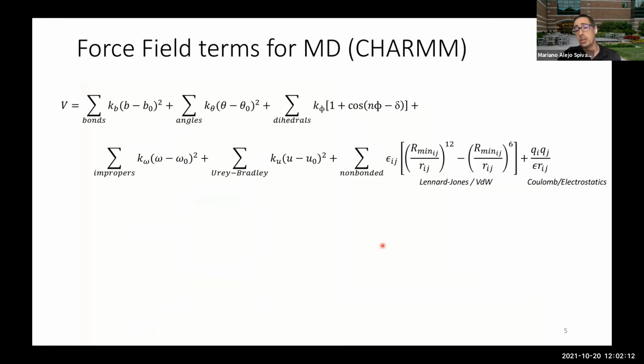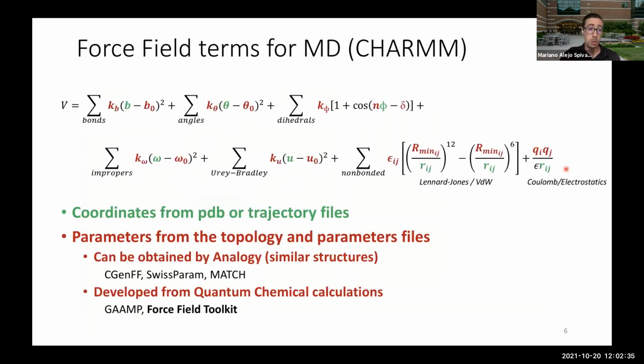So let's go back to the force field terms in CHARMM, which is analogous to other force fields. The potential energy that you compute is a sum of different terms that come from the bonds, angles and dihedrals, and some other connections, and also the non-bonded terms like the van der Waals or Lennard-Jones and the electrostatic parameters. When you're talking about the parameters of the force field, it's what appears here in bold red.